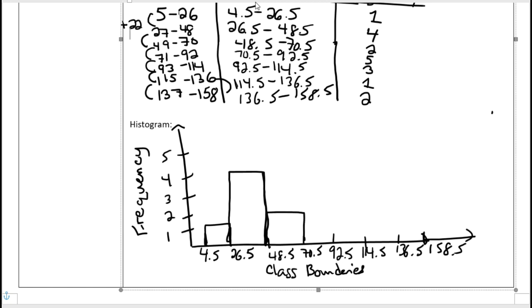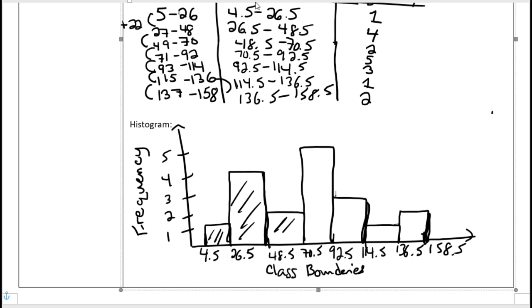Next one is 5. 3. 1, and 2. All right, and there's our histogram.